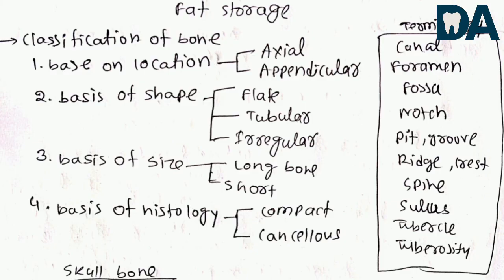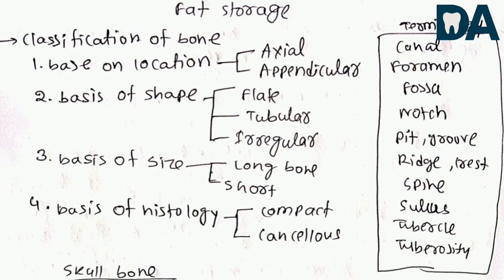Fossa, a hollow or depressed area on the surface of bone. Notch, a curved depression or indentation, pit, groove and fissure. Depressions that serve to increase the extent of surface for the attachment of the ligament and muscle.